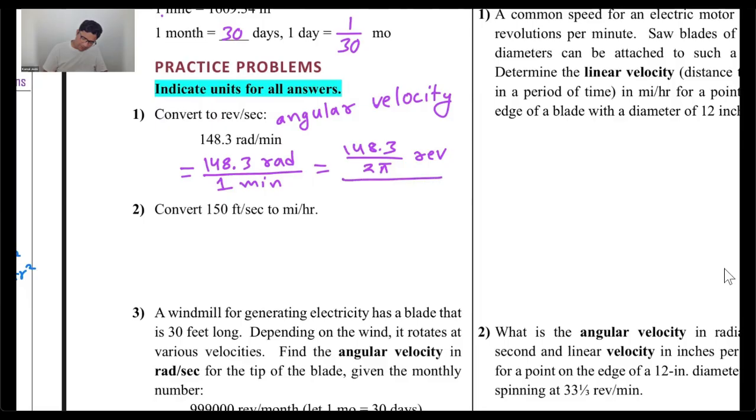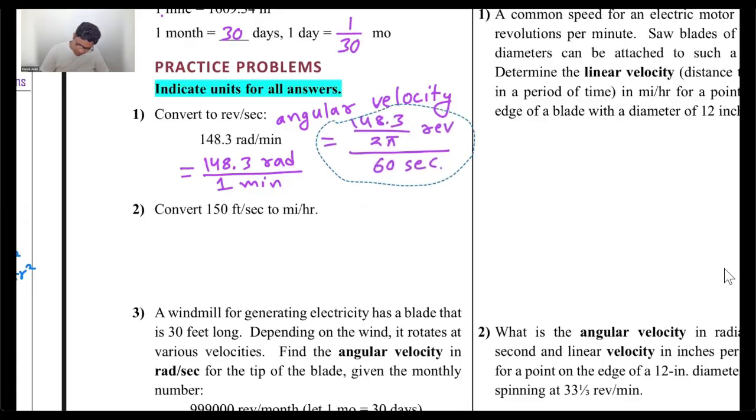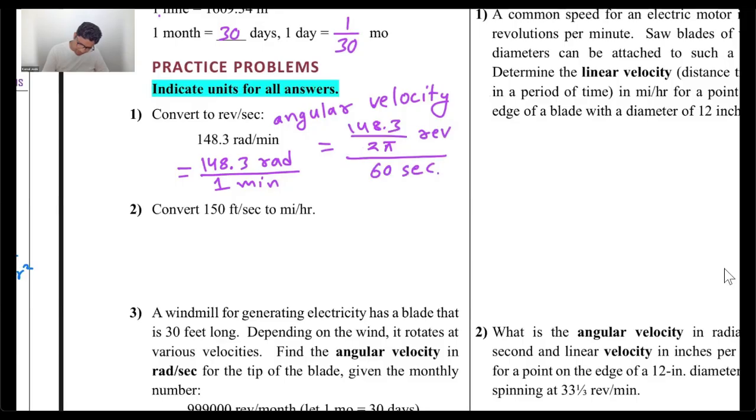Divided by per second, so you need to convert minutes to seconds. 1 minute is 60 seconds. Then you simplify that, and that's your answer. Let me move it up a little bit. And that you do on a calculator.